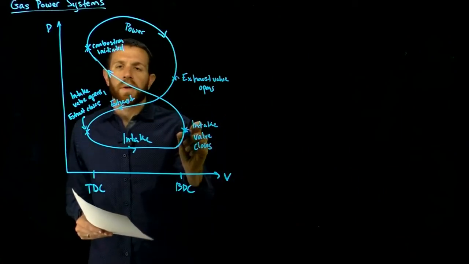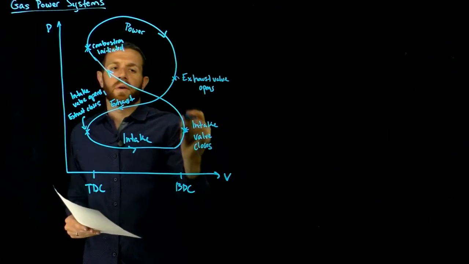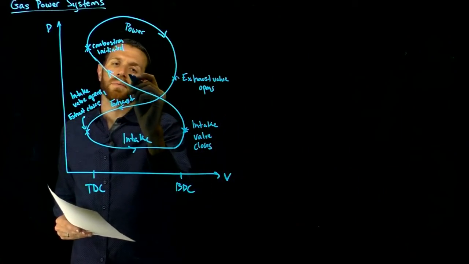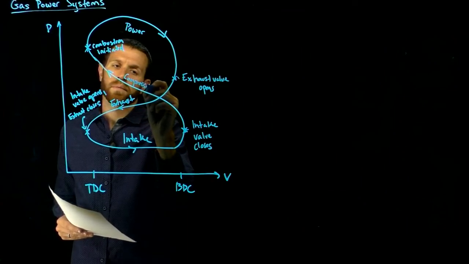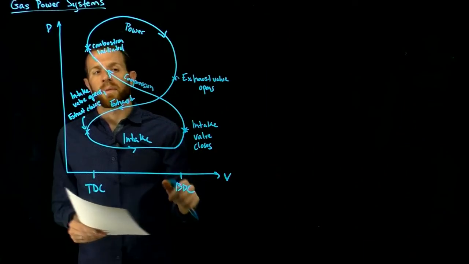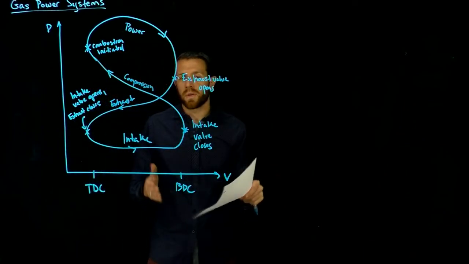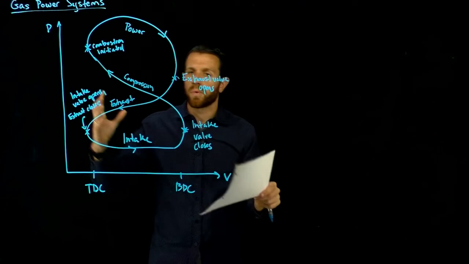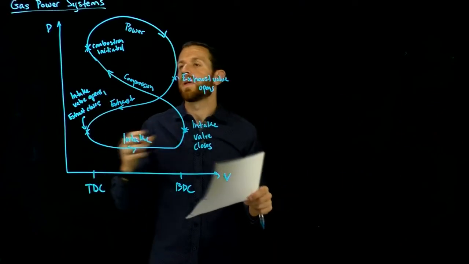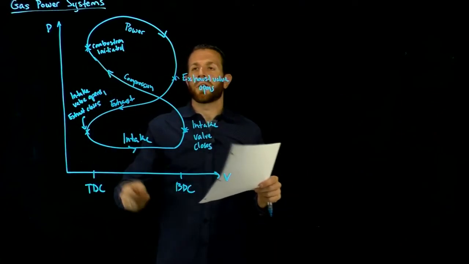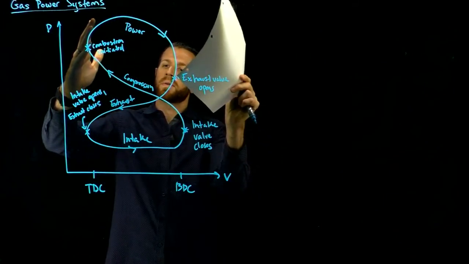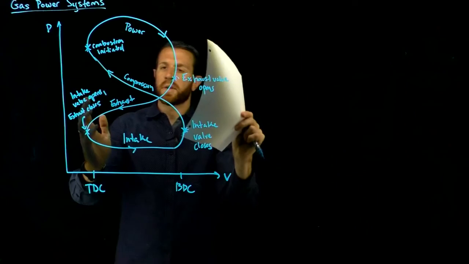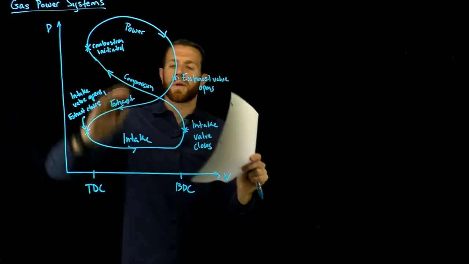And from bottom dead center back up to top dead center, our last stroke is the compression stroke. All right. And during that compression stroke, we will also inject some fuel and then initiate combustion, boom, and start the process over again. So we have the power stroke, the exhaust stroke, the intake stroke, the compression stroke.